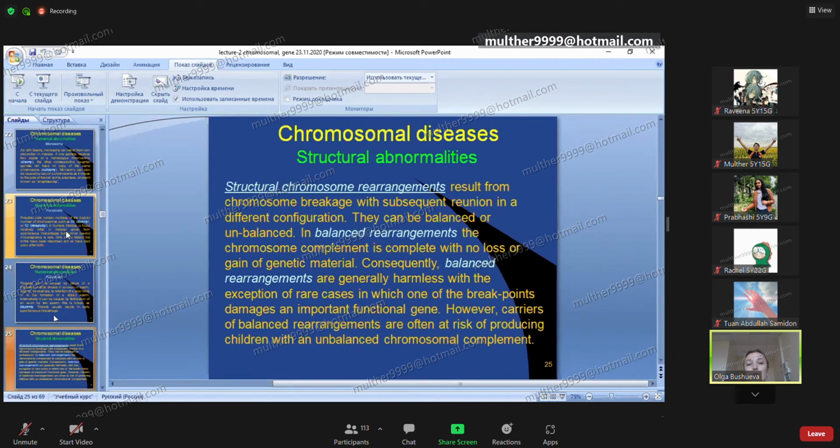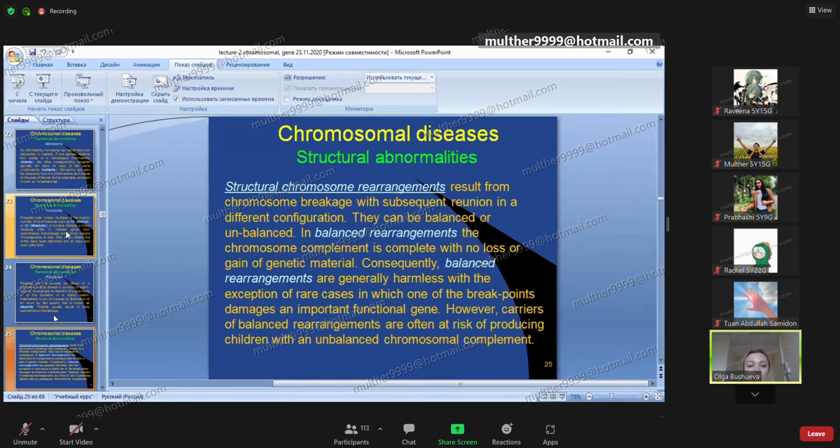Structural abnormalities of chromosomes. Structural chromosomal abnormalities result from chromosome breakage with subsequent reunion in a different configuration. They can be balanced or unbalanced. In balanced translocation, the chromosome complement is complete with no loss or gain of genetic material. Consequently, balanced rearrangements are generally harmless, with the exception of rare cases in which one of the breakpoints damages an important functional gene.